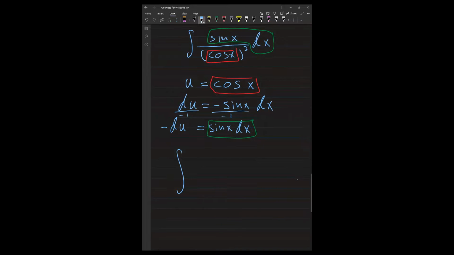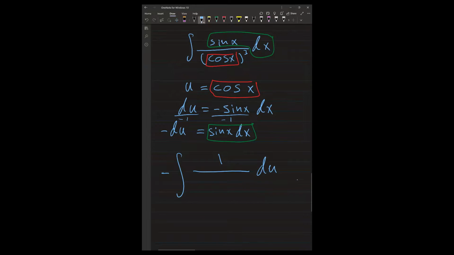Okay. Now, let's put our u's. This is 1. This is negative du. As we said before, we can always pull constants out. Same thing goes with negative signs.